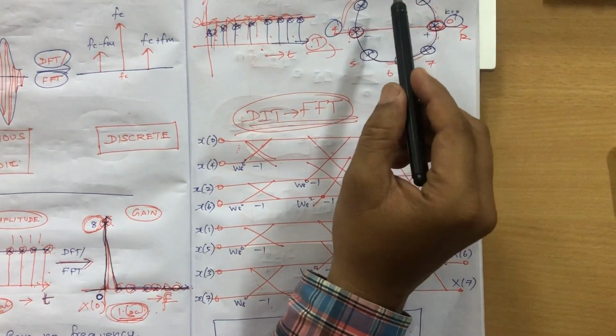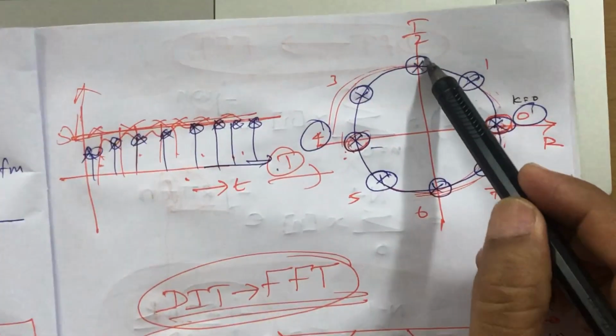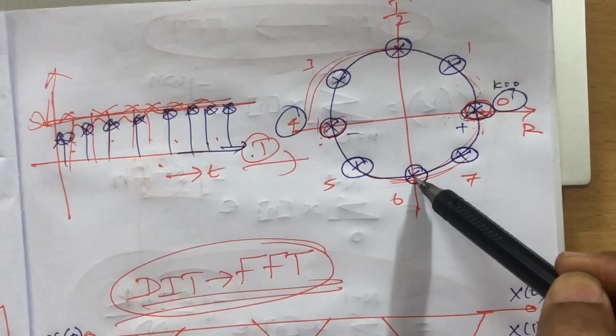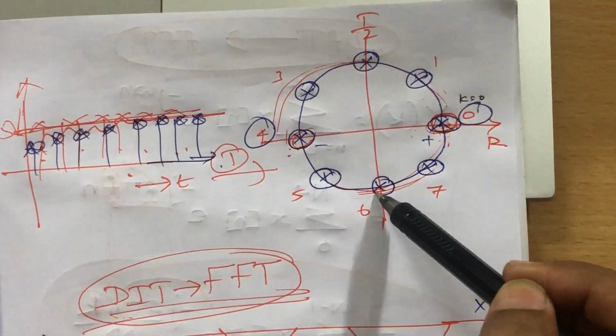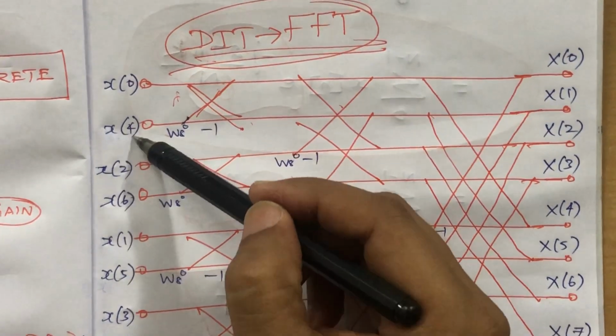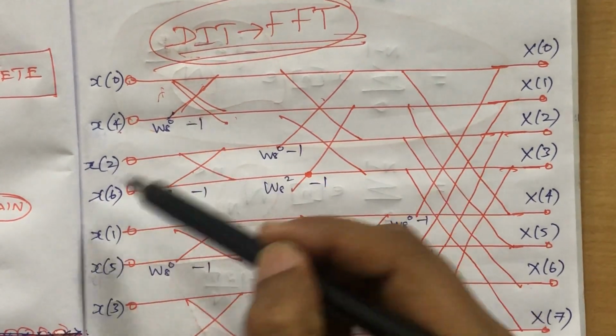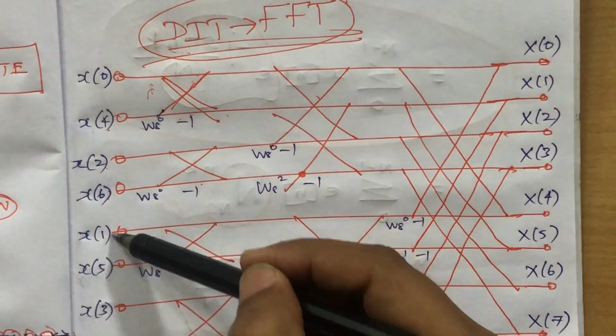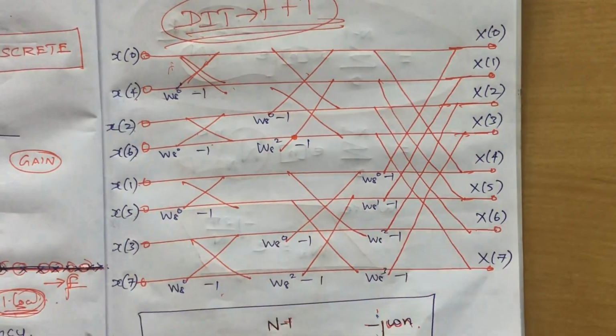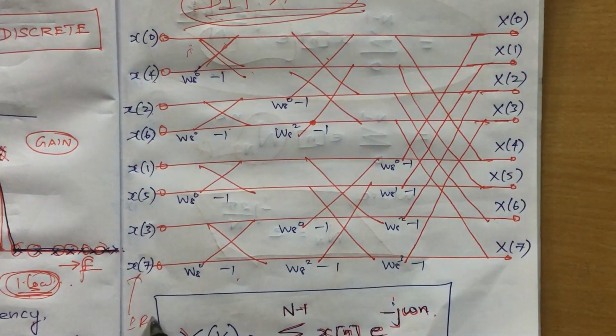Similarly, X of 2 is similar to X of 6 just by changing the sign. That is why X of 0 and X of 4, X of 2 and X of 6 by changing the sign, and X of 1, X of 5, X of 3 and X of 7. This we call bit reversed order.